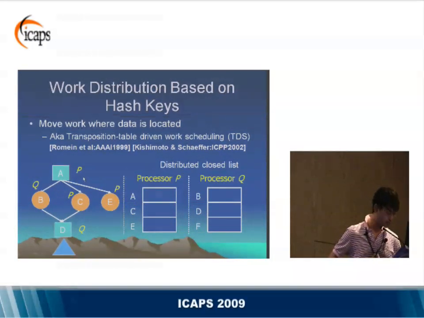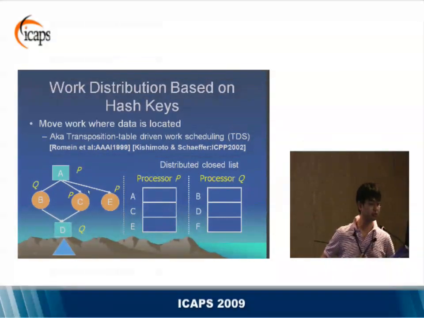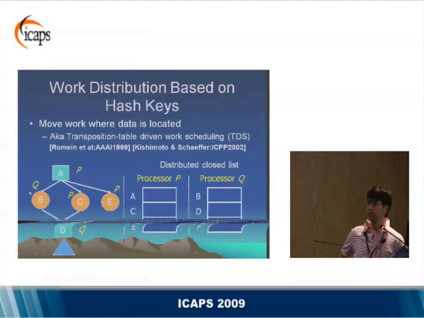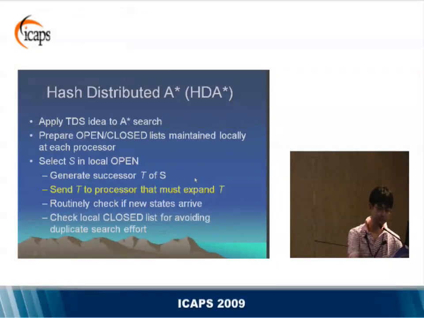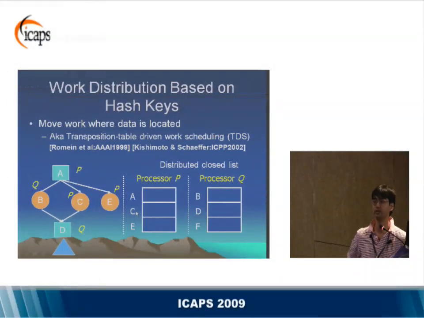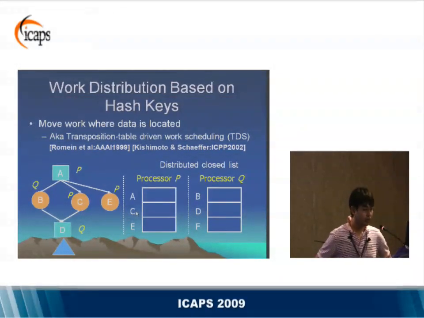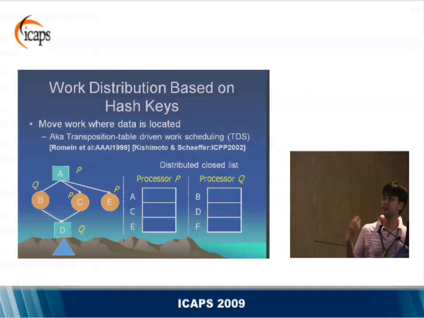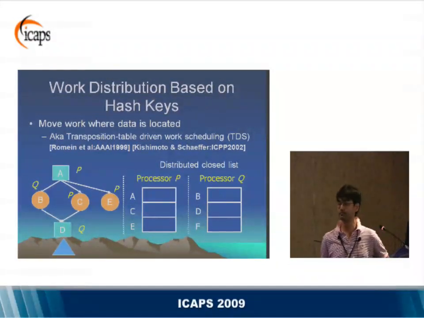And when processor P expands 3 nodes, this node must go to Q, because this is located here, while the other two nodes remain here because these entries are here. And this strategy happens recursively until we find a goal.